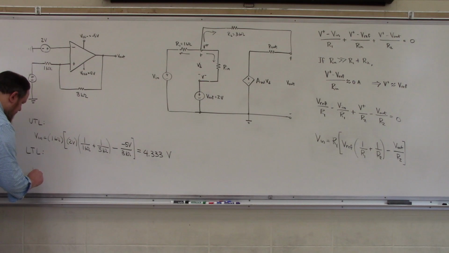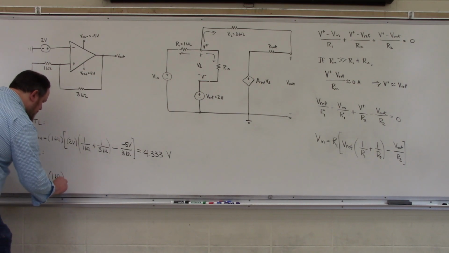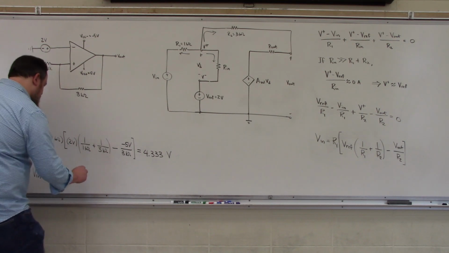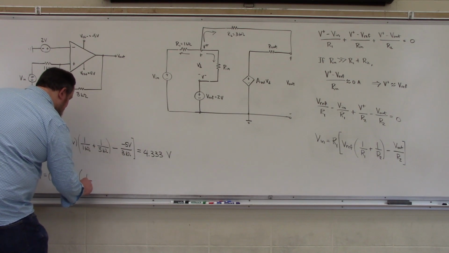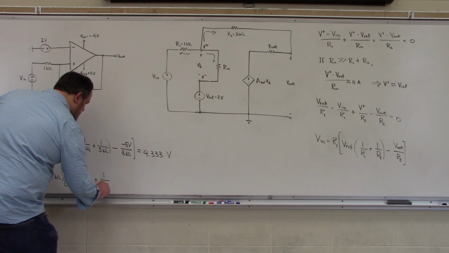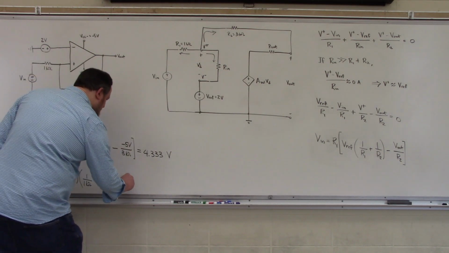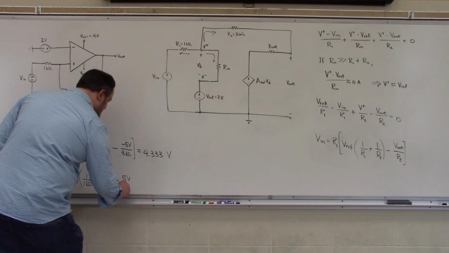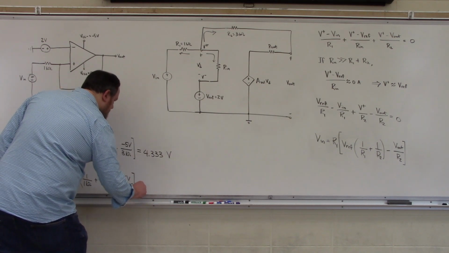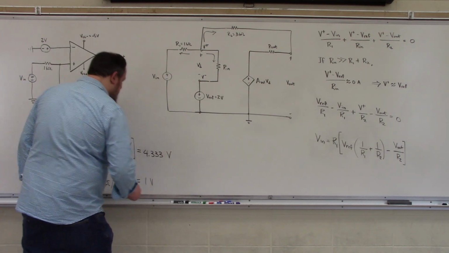So we will have Vn is equal to 1 kilo ohm times 2 volts, 1 divided by 1 kilo ohm plus 1 over 3 kilo ohms minus positive 5 volts, VCC plus, divided by 3 kilo ohms, and we find that this is equal to 1 volt.